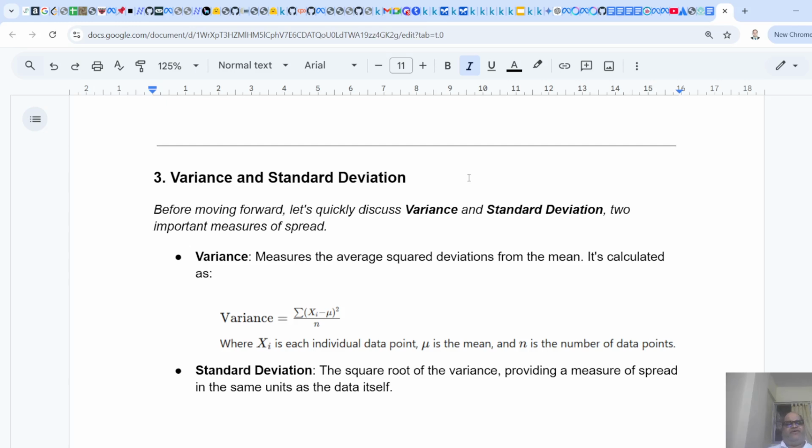To calculate it, you get the mean of your data set or sample, then subtract the mean from each individual data point, square it, and sum it up. That's why you have the term sum of (xi minus mean) squared, and then you divide it by the total sample size.